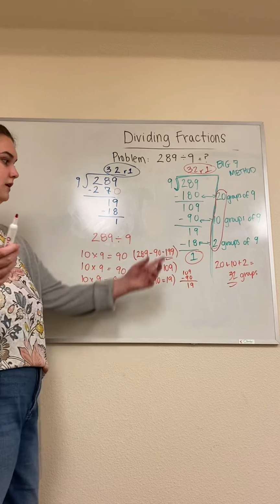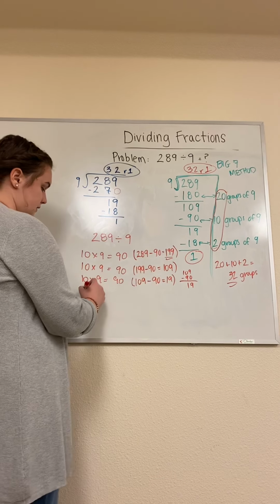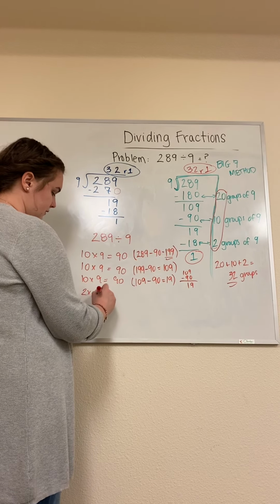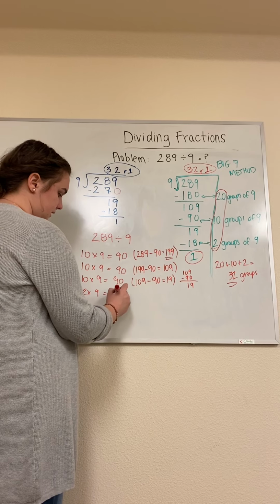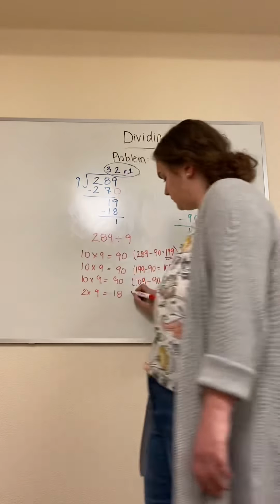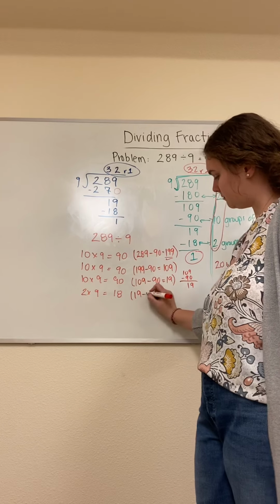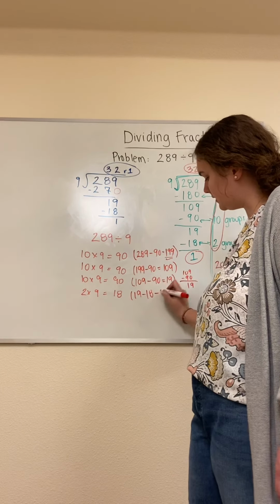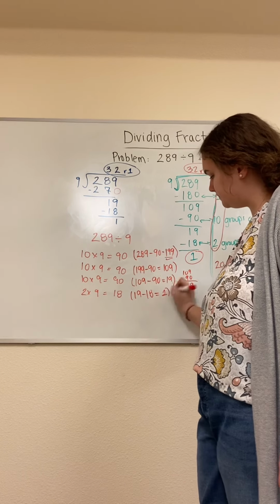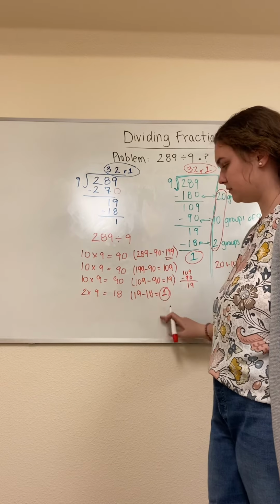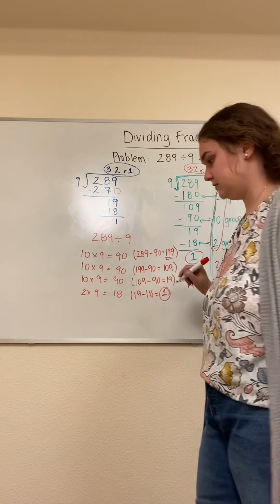But we know, from before, we could do 2 groups of 9, which equals 18. So then we have 19 minus our 18, which equals 1. So we have this 1 left over, which we know 9 can't fit into.